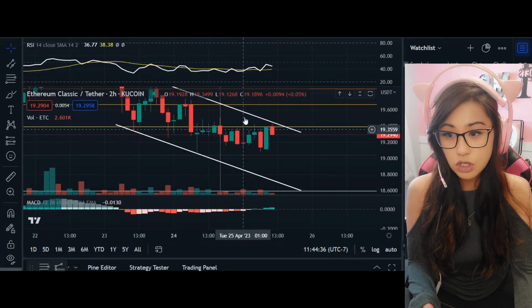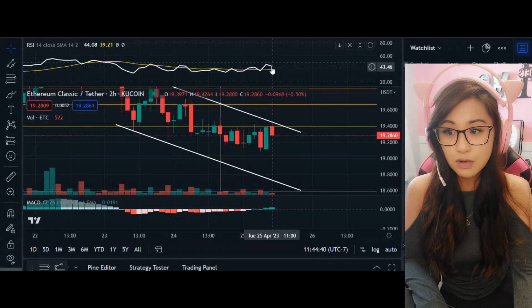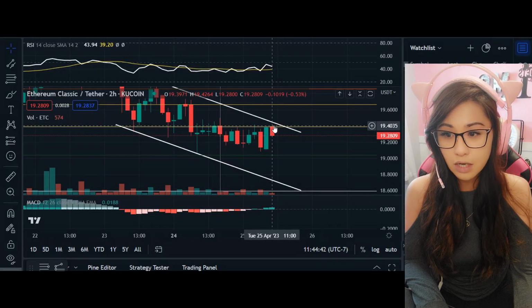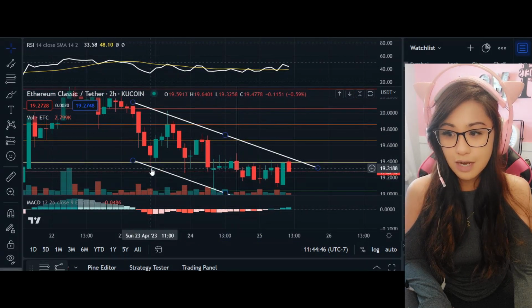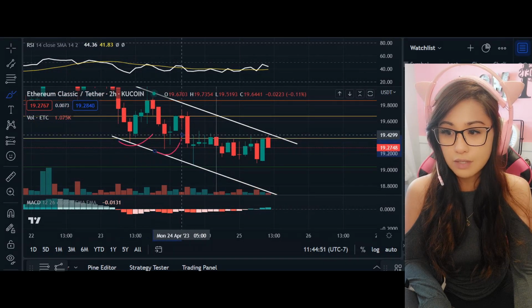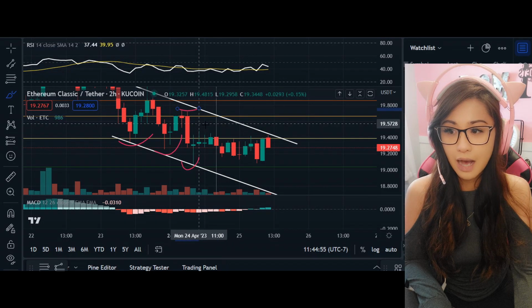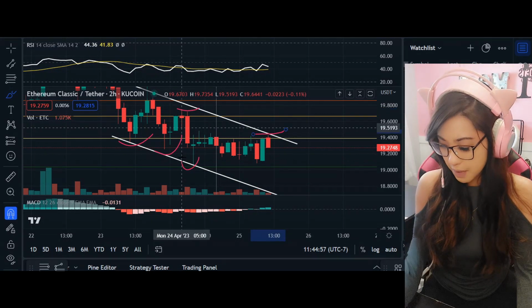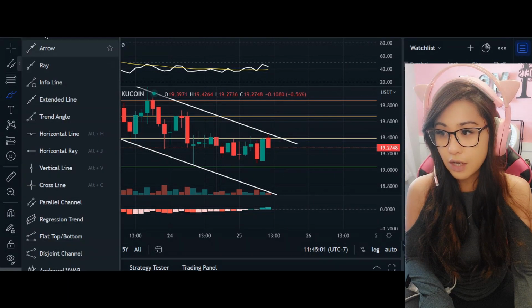Going into the 2-hour time frame, we can see the RSI is below 50, still a bear market. But take a look at this, you guys. We've got our parallel channel coming down to that area of support, gradually making a lot of swing lows and higher low swings. But most importantly, we can already see that we're coming up to an area of resistance.